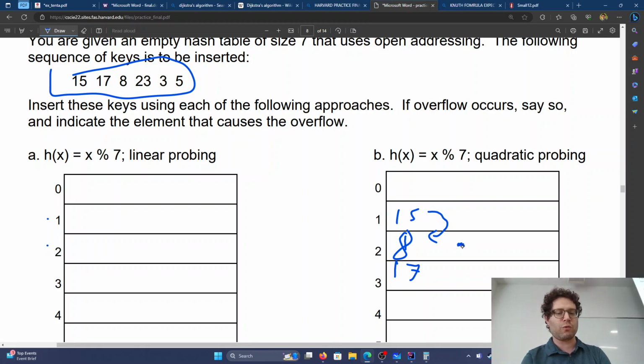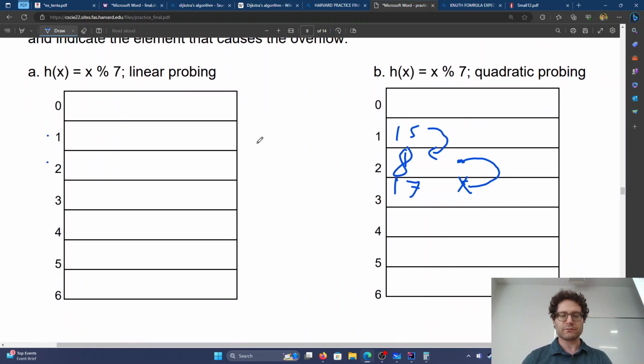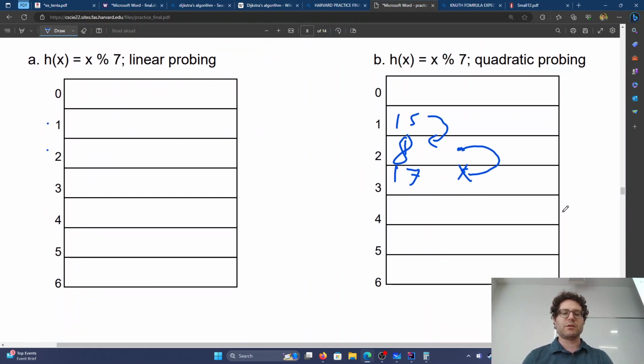So it looks 1 squared away from its initial spot. But that doesn't work because that's already taken. So now it goes 2 squared away. Instead of going two indices away from its initial spot, which is what you do in linear, now we look 2 squared indices away.